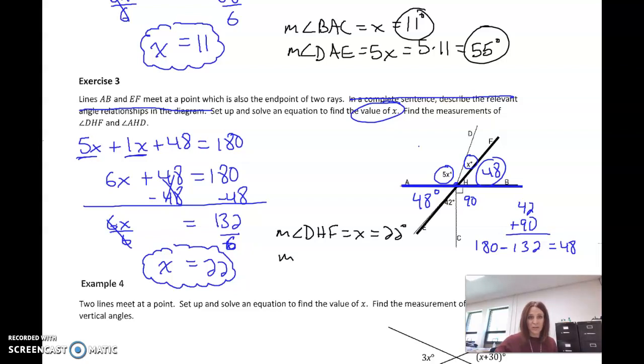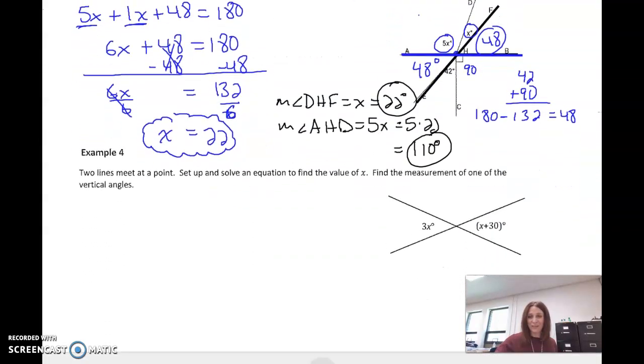The measure of angle AHD is 5x, just like before. We're going to go 5 times 22 and get 110 degrees. All right, so you guys can kind of see they're pretty much doing the same thing over and over. We just need to find those angle relationships.